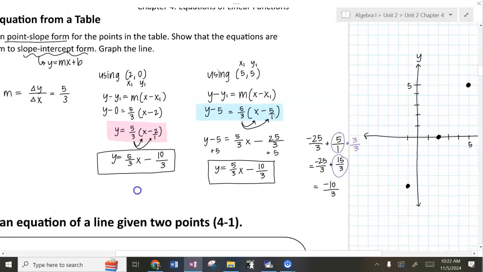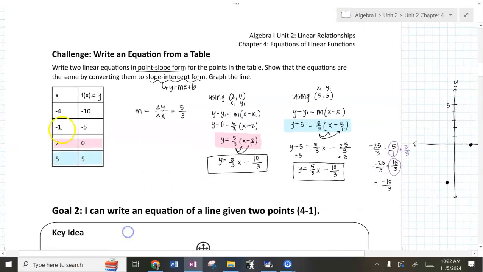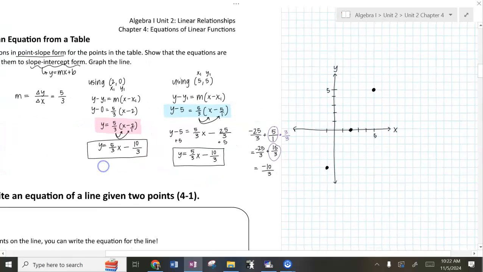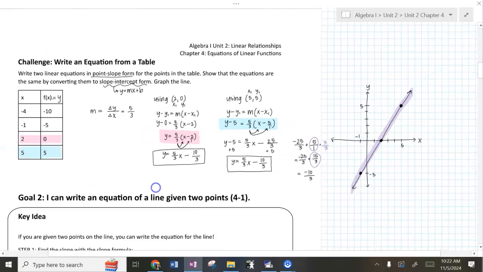Notice that lands on the previous point in the table, negative 1, negative 5. You only really need 2 points to graph the line though. So once you have 2 of the points plotted, you could graph it. And if you continued following the same pattern, you would end up finding that each of these points lands on the line.